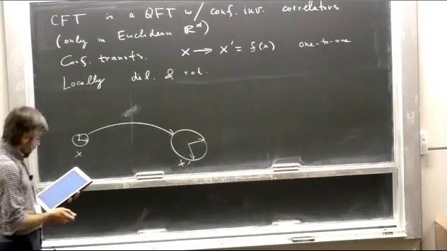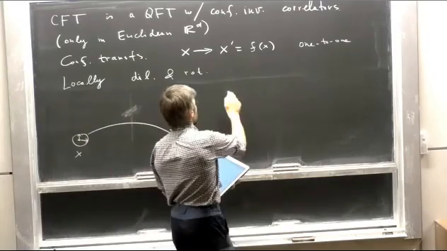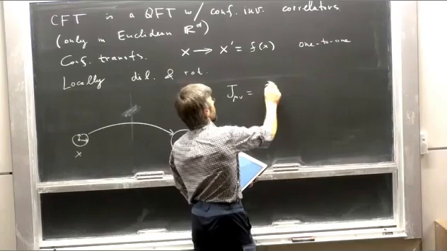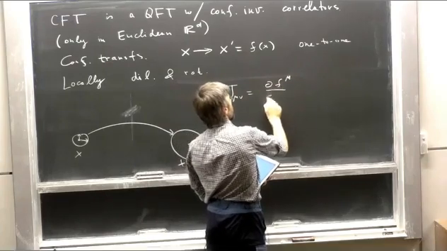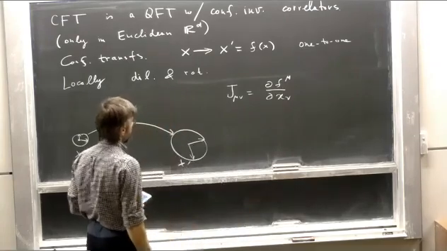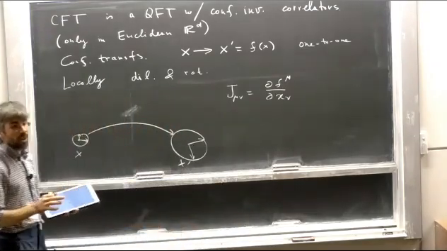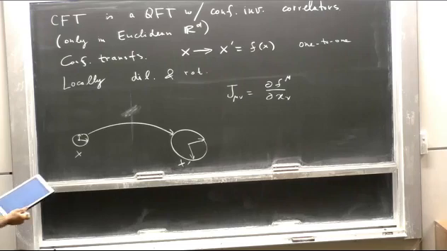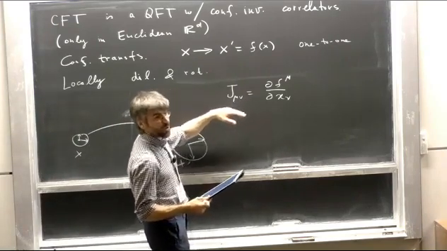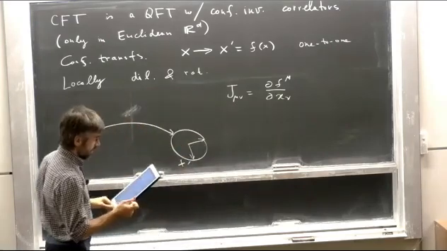So we express it by saying that if you write a Jacobian matrix, J mu nu equals df mu over dx nu. By the way, since we are in the Euclidean, I'm not going to indulge in typographical delights, and I will keep no distinction between upper and lower indices.